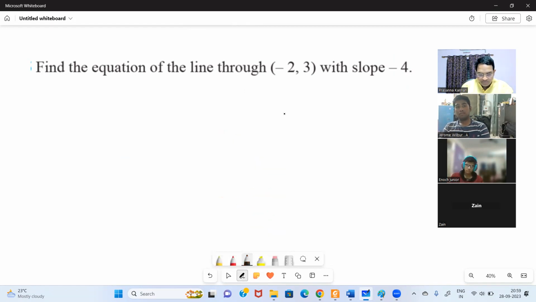Now is where you use the slope point form.